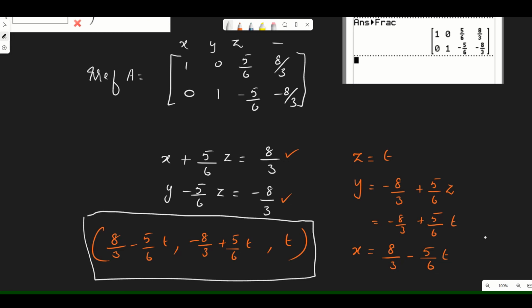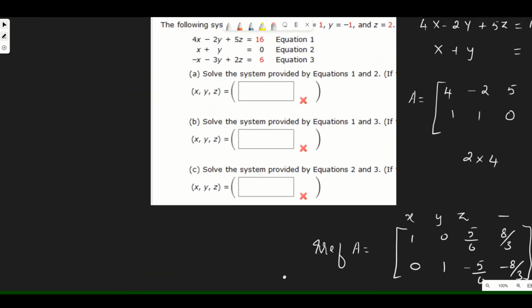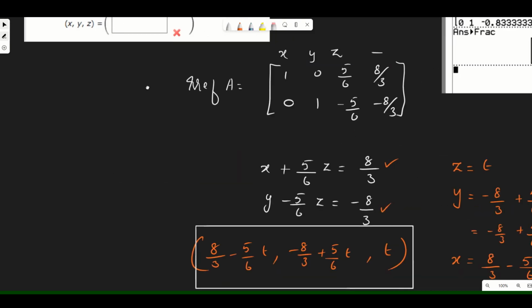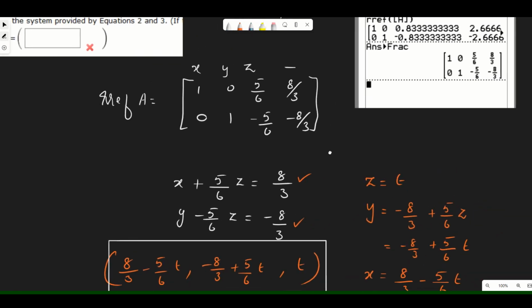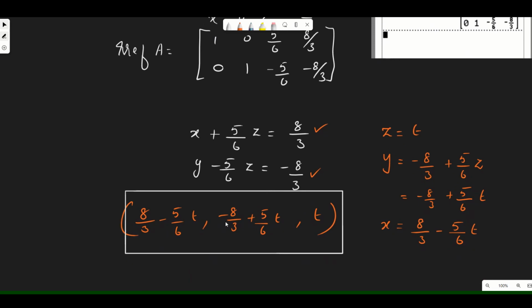If you are taking only two equations, this will be your result. The same way, if you have to find the solution for equations 1 and 3, take only equations 1 and 3 and make use of the same case. Enter that in your calculator, find the reduced row echelon form, and I think even there you will get an infinite solution.